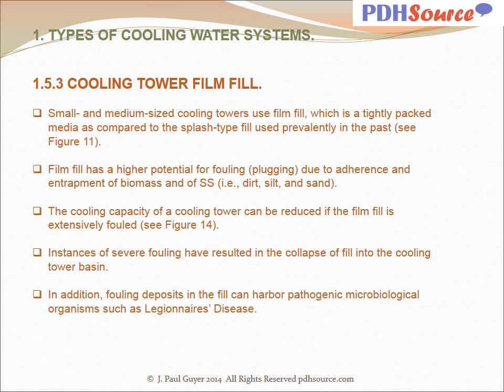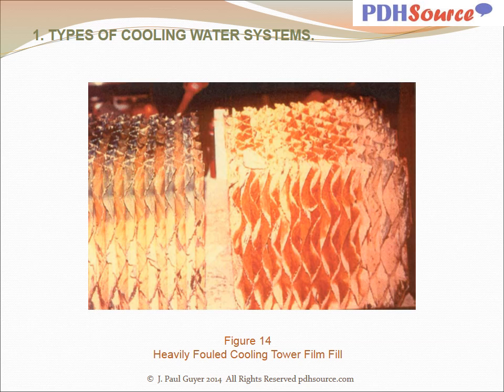Instances of severe fouling have resulted in the collapse of fill into the cooling tower basin. In addition, fouling deposits in the fill can harbor pathogenic microbiological organisms such as Legionnaire's disease. Figure 14 is a photograph of a heavily fouled cooling tower film fill.